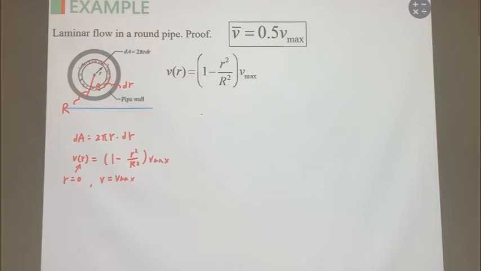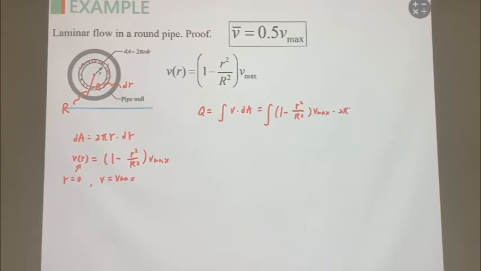Okay, so with a similar idea, we define Q equal to the integral of V dA, right? And we actually know the flow function here. So we have 1 minus r squared over capital R squared, and we have V maxima, but the dA is here.